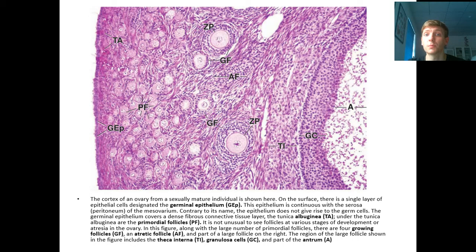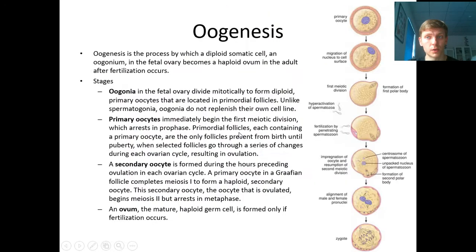As it becomes independent, it continues the process of meiosis, and this primary oocyte continues its progression into the secondary oocyte. So the formation of the zona pellucida is very tightly related with the transformation of primary oocyte into secondary oocyte.